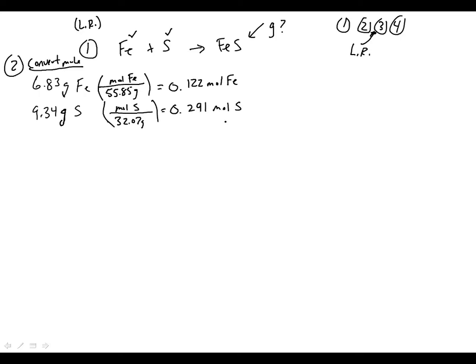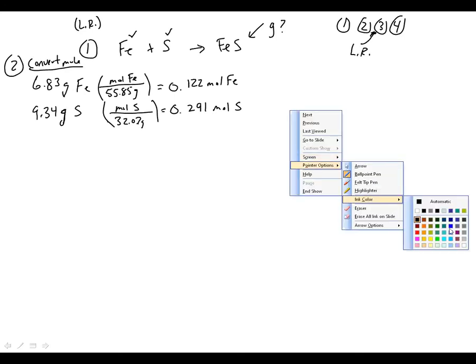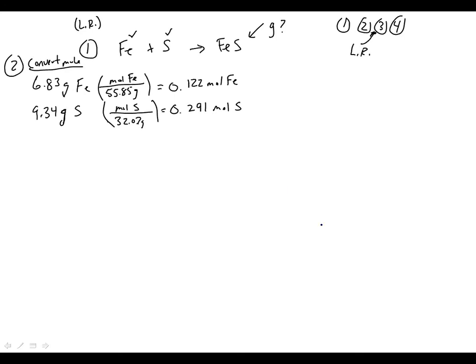Now, just so we're clear, what we've done is the second step, and what these numbers represent, which you do need to keep in mind as you're going through this type of problem, is your starting amounts. So these are the starting amounts of each reactant.